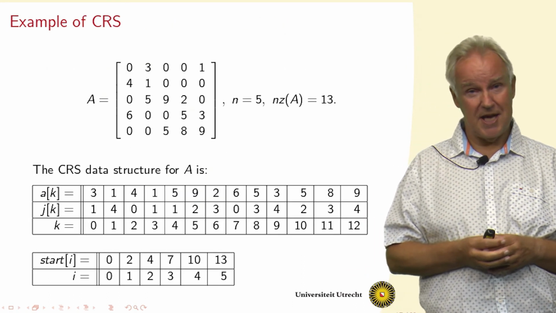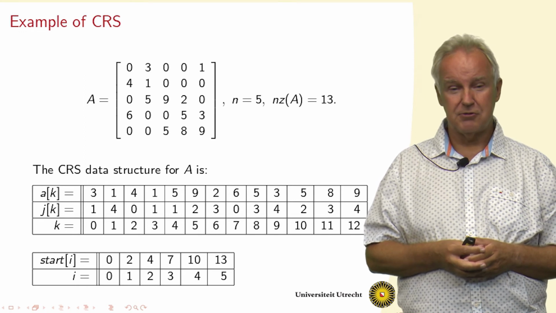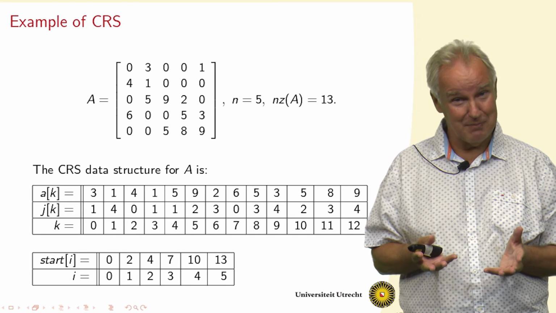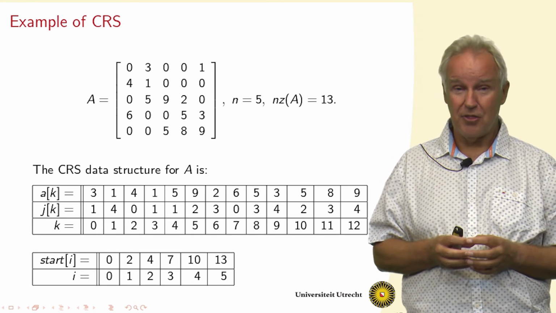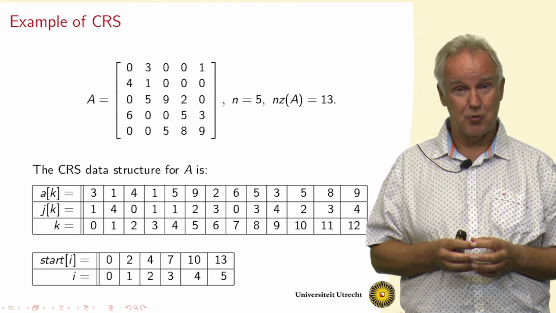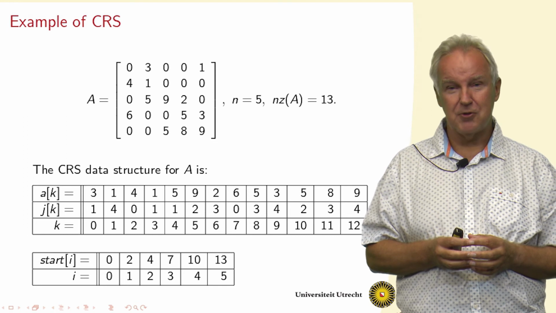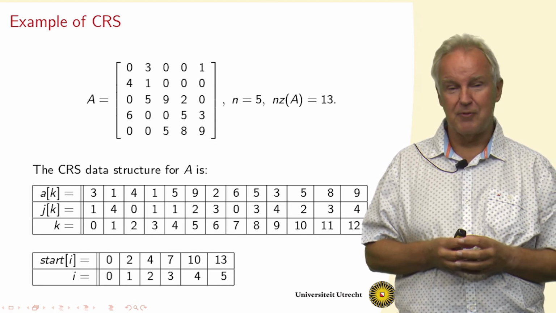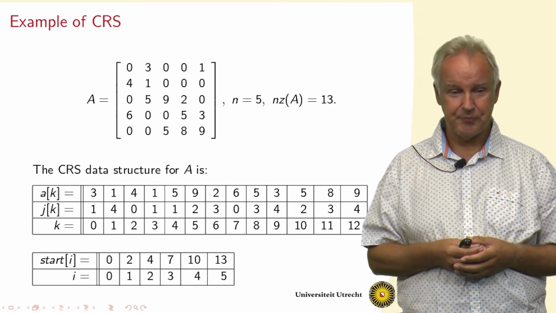So this is an example. Here you see a matrix with non-zeros 3, 1, 4, 1, 5, 9, 2. It's the pi matrix, actually. It's a 5 by 5 matrix, 13 non-zeros, 12 zeros. If we store them, we could store the numerical values, 3, 1, 4, 1, 5, 9, etc., in an array a.